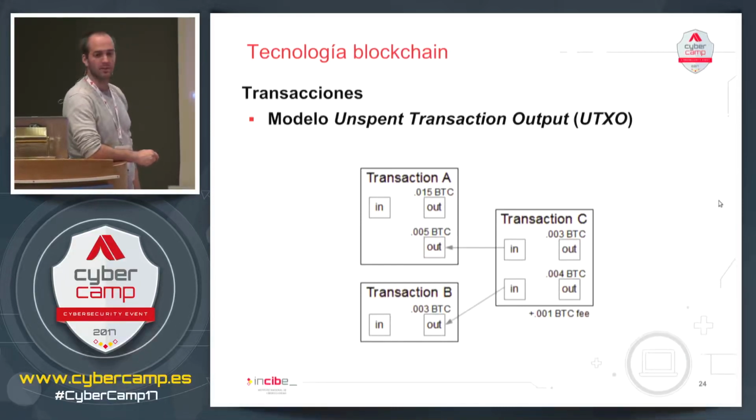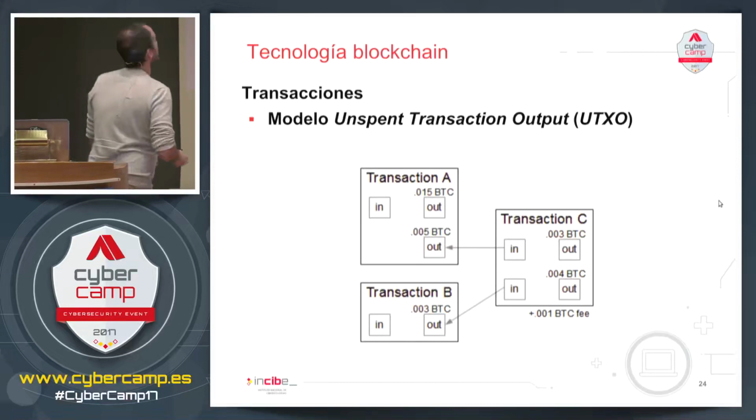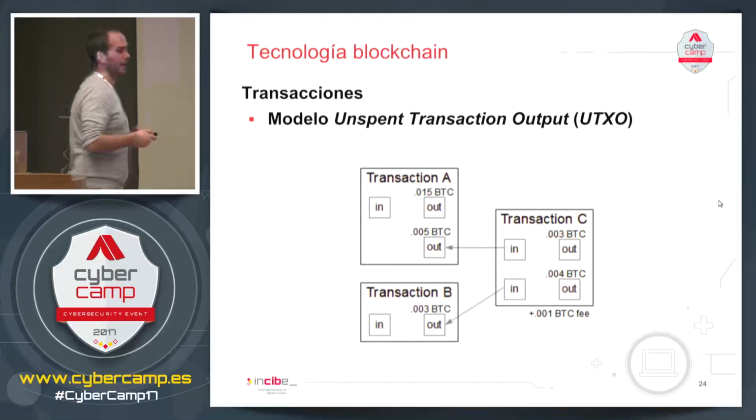And apart from this transaction C, I've done a transaction C prime before, and I've used the same out as an in for C prime. I've already spent the money that was associated to this out. So this transaction C should be rejected, because this is not an unspent out. It's been already spent because I used it to pay another transaction. And that's it.